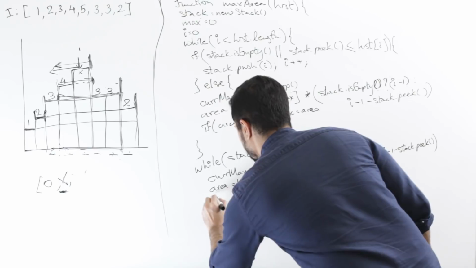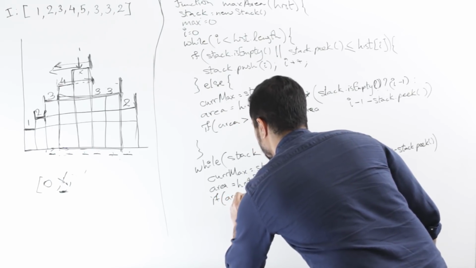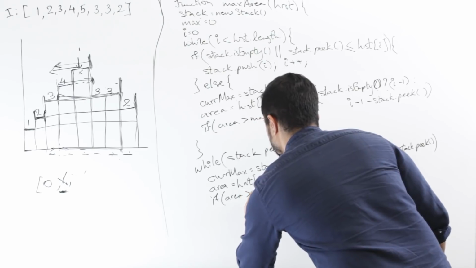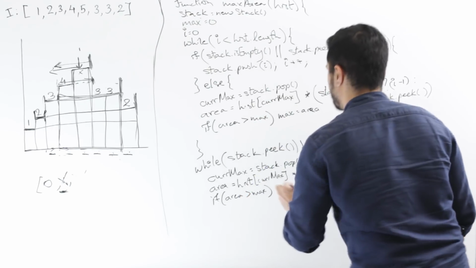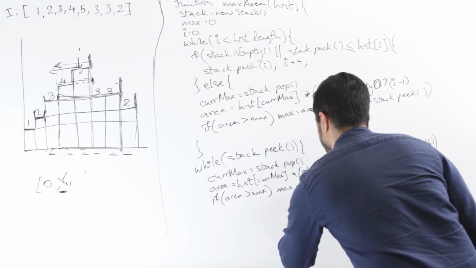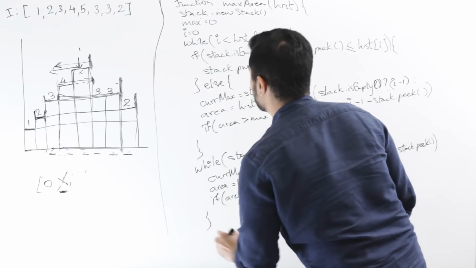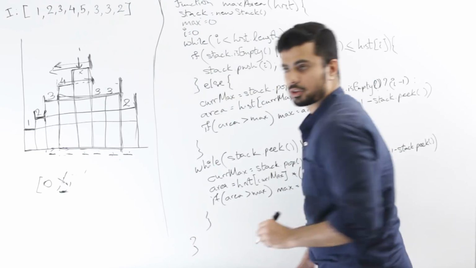And then the same conditional. So if area is greater than max, max equals area. And that concludes the while loop and also concludes our function.